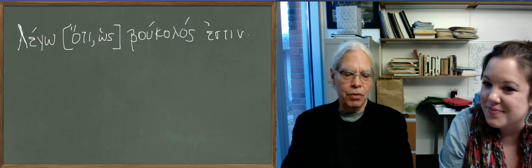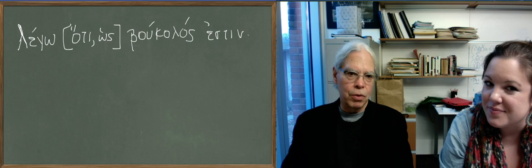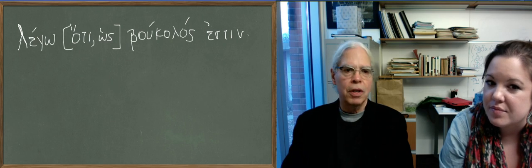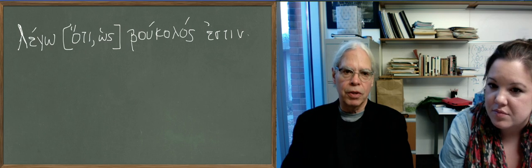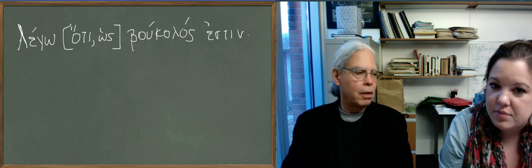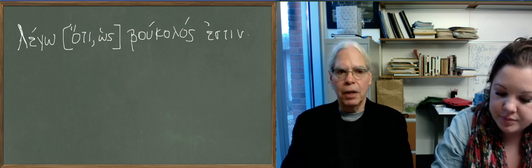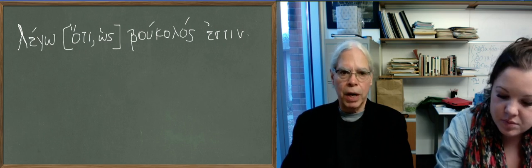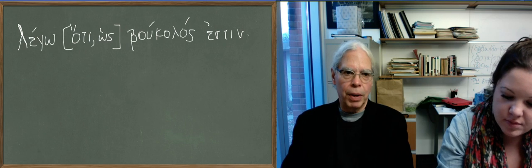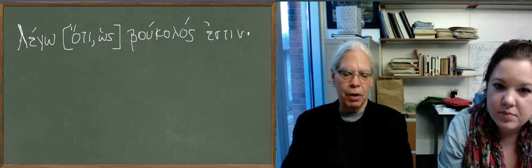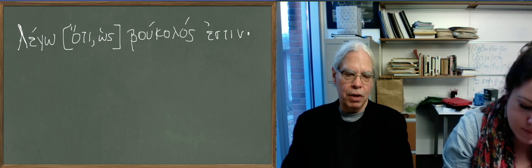The standard construction with lego is to keep the verbs in the form that they had in the original sentence. So our example is lego, hoti, or hos, bukalos esti. I say that he is a cowboy. Okay? If the verb, however, is past tense, and the past of lego, let's give you the aorist of it, it's elexa, okay?